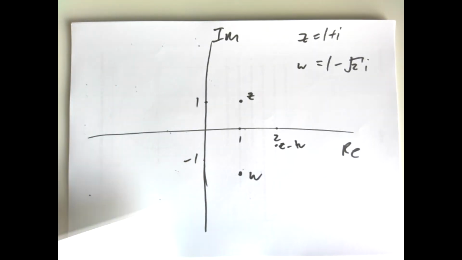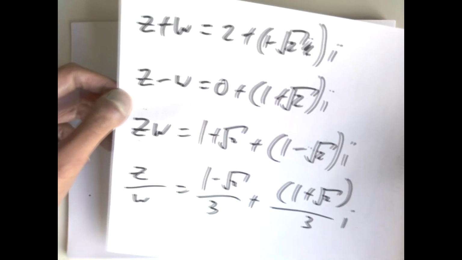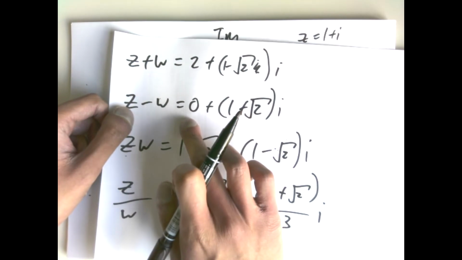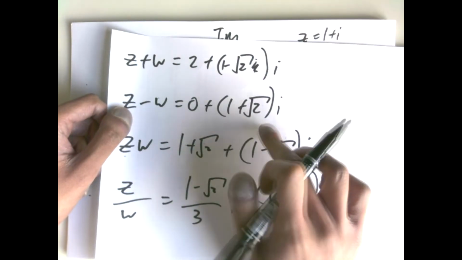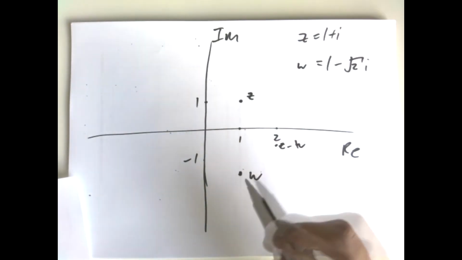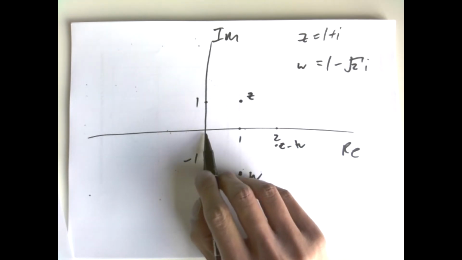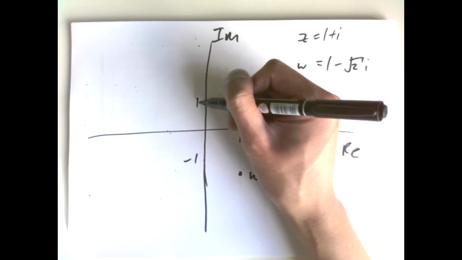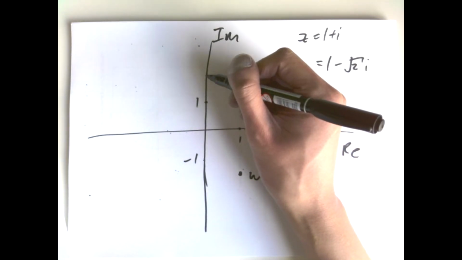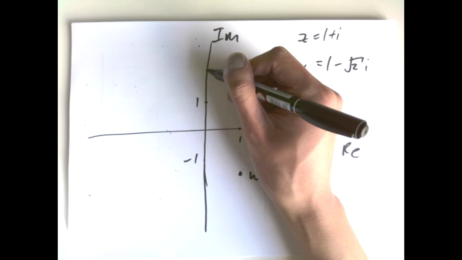And our z minus w, which is 0, 1 plus root 2, is going to be 0 on the real axis, but 1 plus root 2 on the imaginary axis, somewhere here.